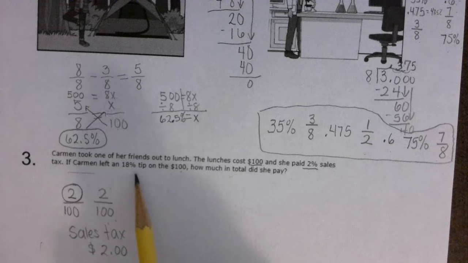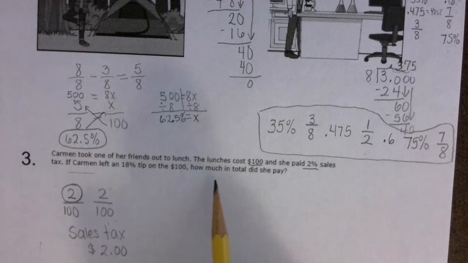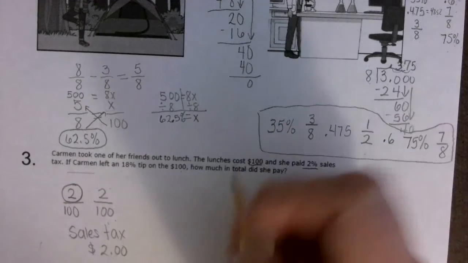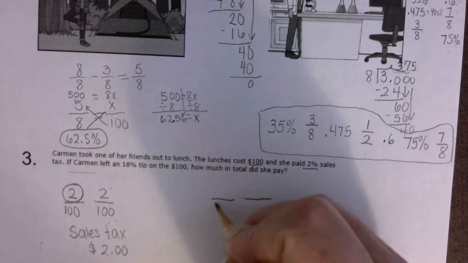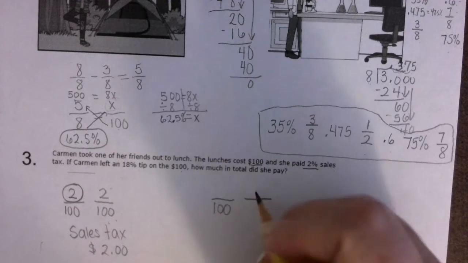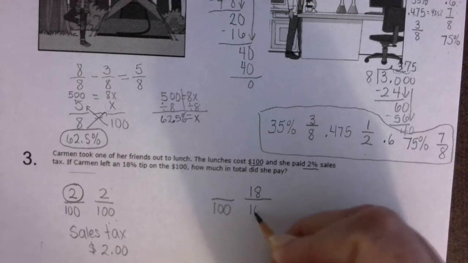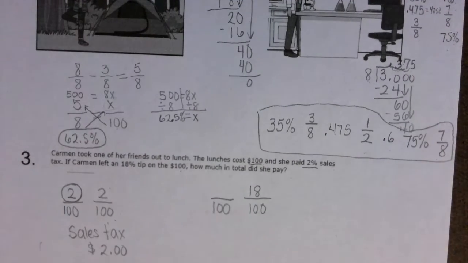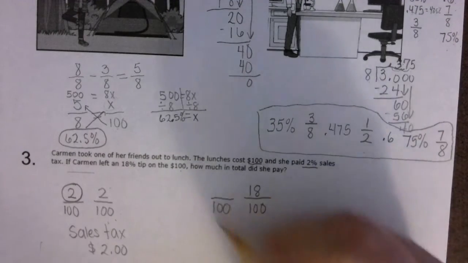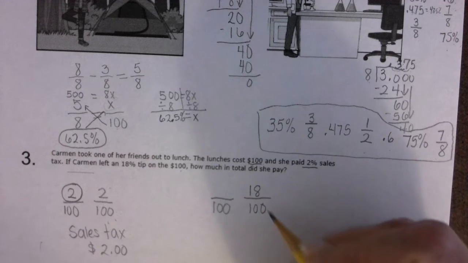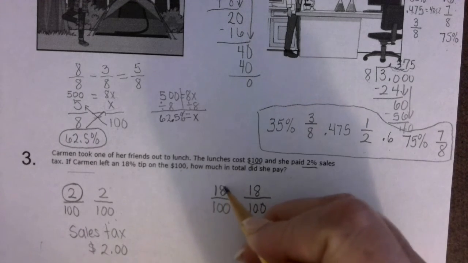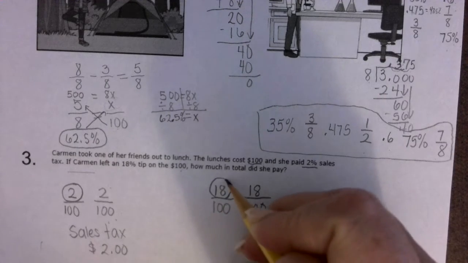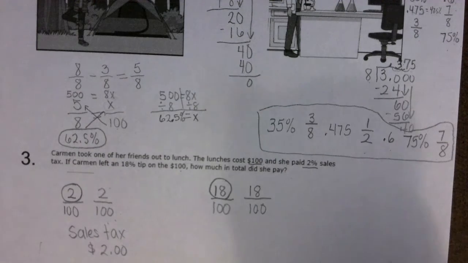And then if she left an 18% tip on $100, again, if you don't know what that is, the $100 is here, and then we're saying 18% is the tip. And again, these two things have to be equal when we cross multiply, which means 18 over 100 has to be 18 over 100 on this side too. You shouldn't have to cross multiply to figure that out.